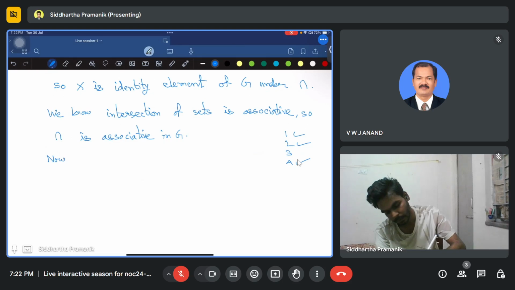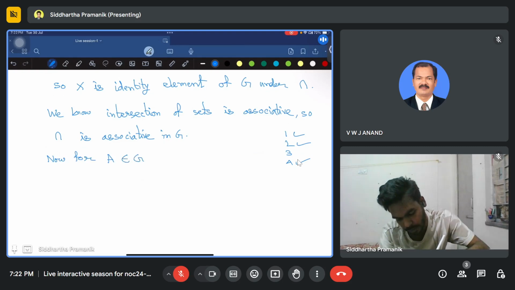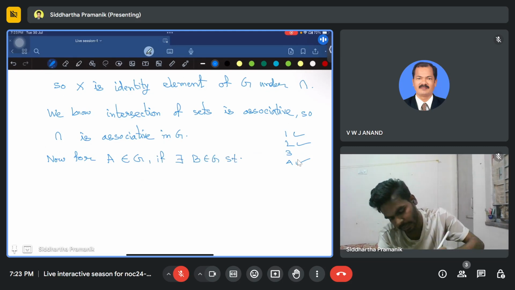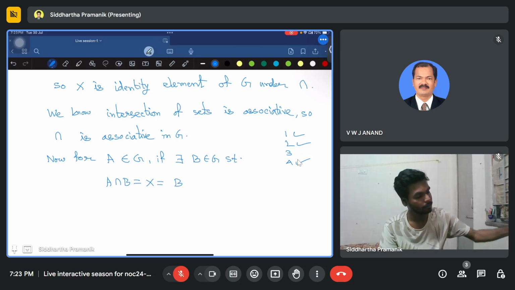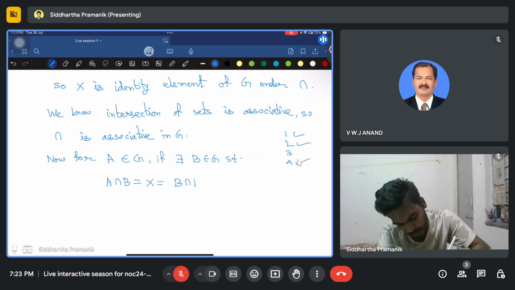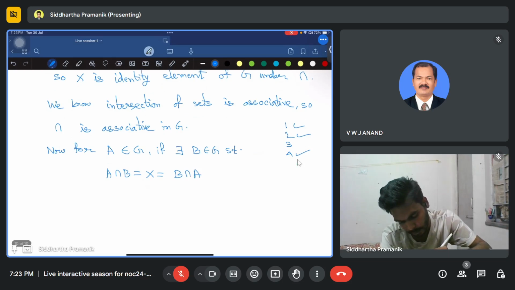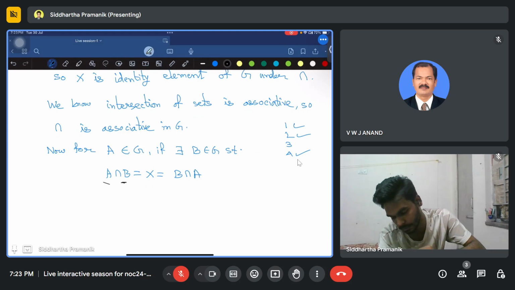Now, for an arbitrary element A belongs to G, there should exist B belongs to G such that A intersection B is the identity element, which is X, and this is the same as B intersection A. So if we take the empty set in place of A, there will not exist any B which gives the intersection the same as X, right?